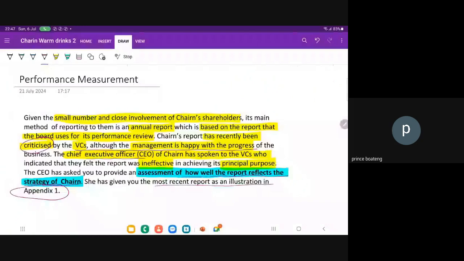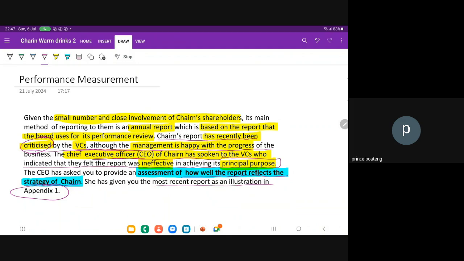So what was the problem which they have identified? The CEO, the venture capitalist, although the management is happy with the progress of the business, the report has recently been criticized by the venture capitalists, and indicated that they felt the report was ineffective in achieving its principal purpose.